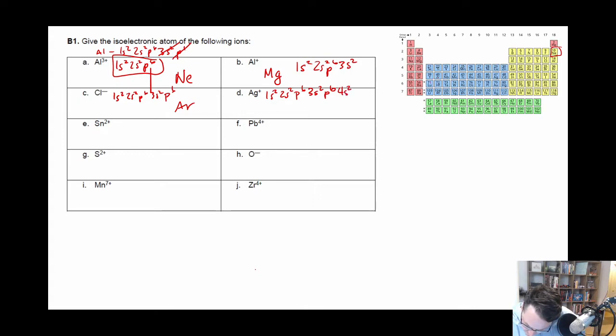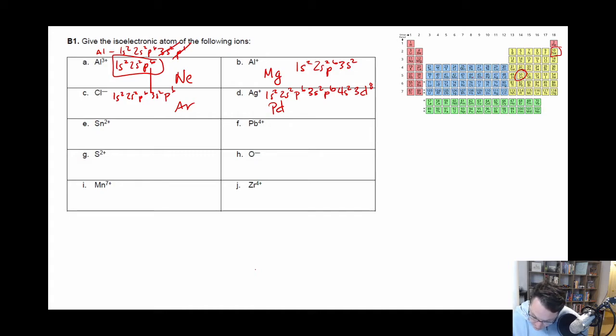So we have 1, 2, 3, 4, 5, 6, 7, 8, which is what we should anticipate for the d electrons, 3d8 in that case, and that puts us at palladium for that scenario. Then Sn2+ is this one right here.